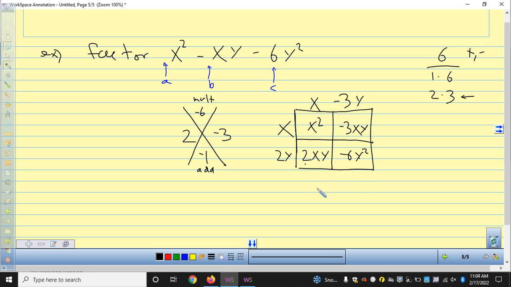So my parentheses are x minus 3y times x plus 2y. If we multiply this out, this box shows us we would have x squared, 2xy minus 3xy is negative xy, minus 6y squared.